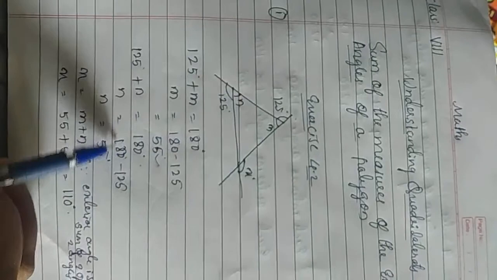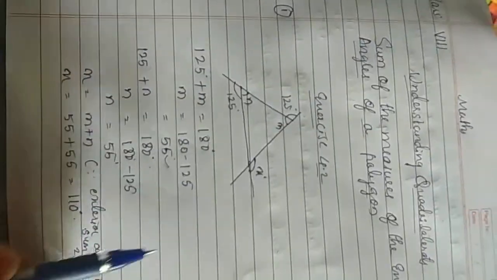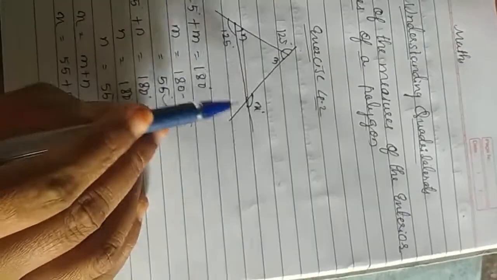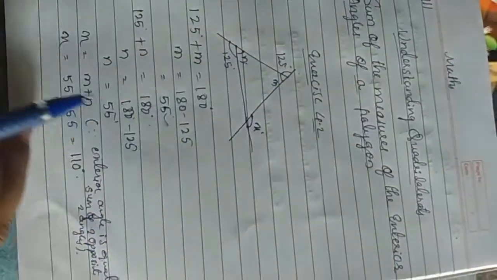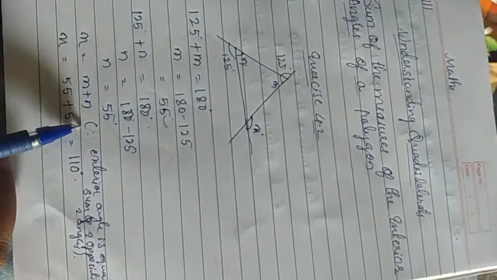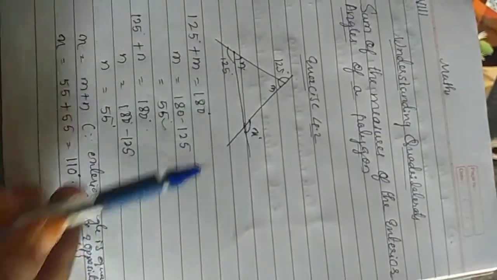Calculate here also, 180 degrees minus 125, 55 degrees. We know that the exterior angle is equal to the sum of two interior angles. So x is equal to m plus n. So 55 plus 55 is equal to 110 degrees. x is 110 degrees.